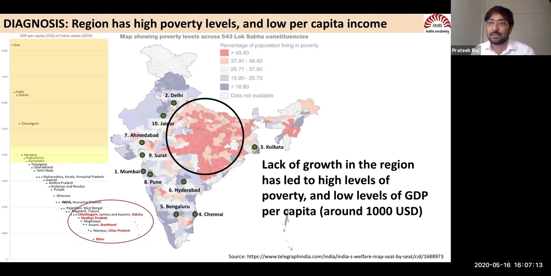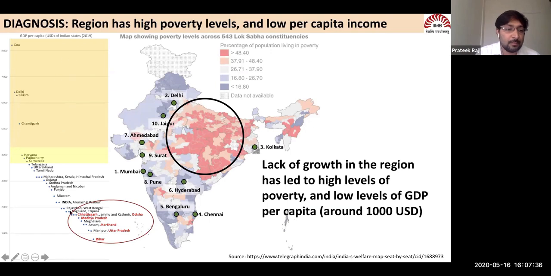So there's obviously some sort of correlation between whether a region can host growing, prosperous cities like Bangalore and so forth, and whether the region has some level of economic prosperity. And you can see that the Hindi heartland has very high levels of poverty even today.